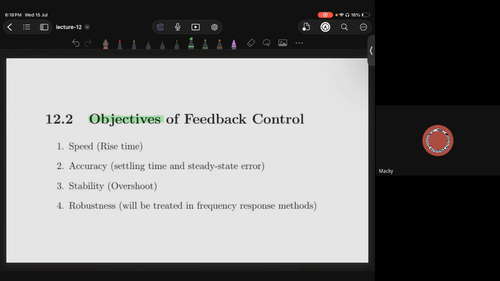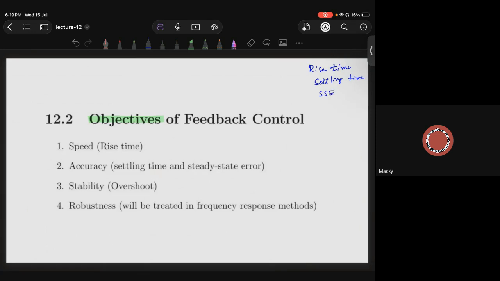In the previous week 4 module, various terms were introduced, like rise time, correct? Settling time. What are the other terms it introduced? Steady state error, correct?